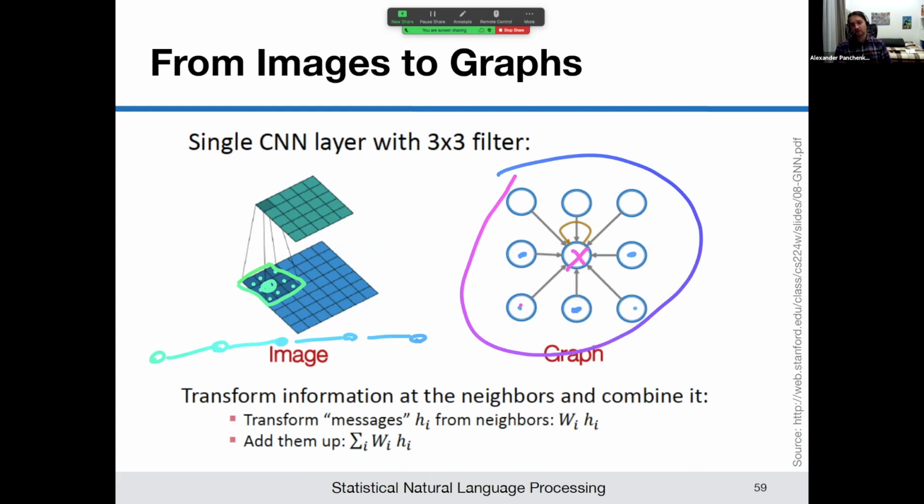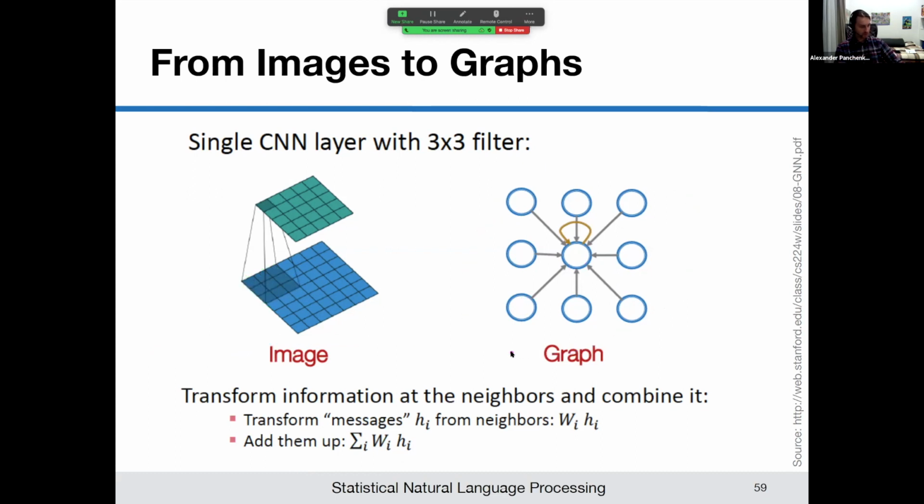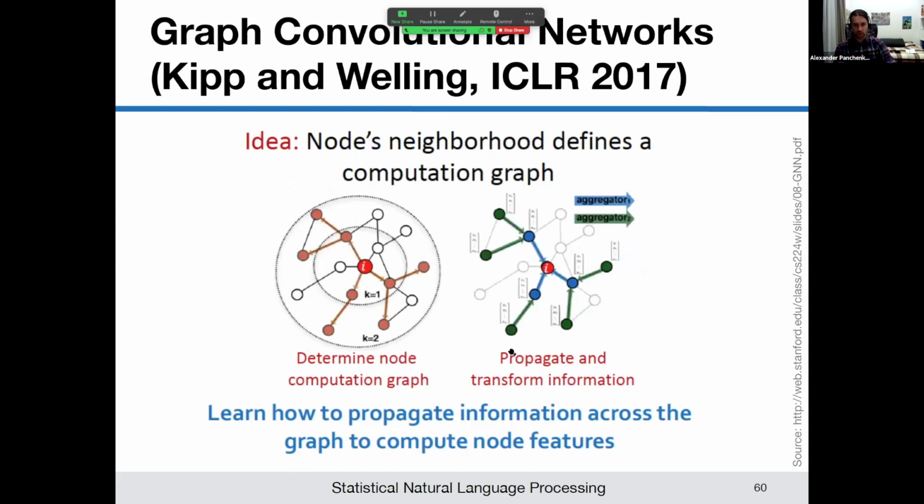Assuming that you have features and representations from this node and this node and this node, you can get the messages from your peers and then obtain a representation of your own node. This is really the key idea, which was first proposed by Kipf and Welling at ICLR, the conference dedicated to learning representations, in 2017.